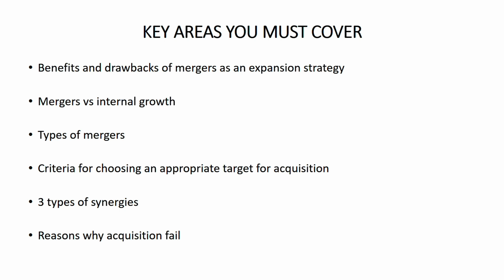Another reason could be agency theory. What does agency theory talk about? Agency theory talks about how management might want to acquire for their own self-interest. It might not enhance the shareholders' wealth, it might not maximize the shareholders' wealth, but they care about their diversification. The management wants to diversify their own portfolio, right?